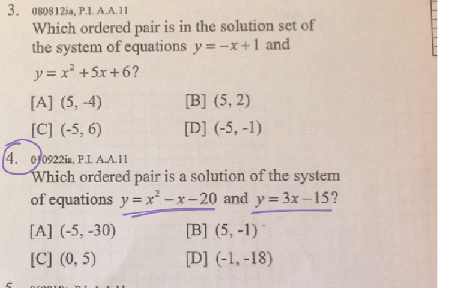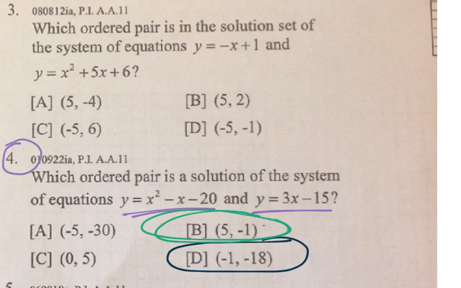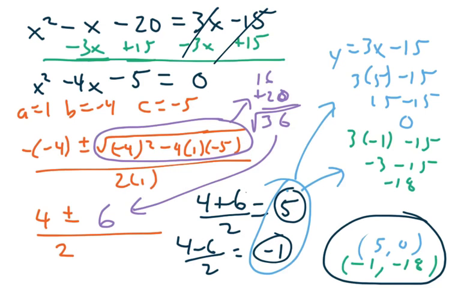If we go back to our original problem, notice negative 1, negative 18 is right there, correct? And notice right here, guys, follow the green, see how they try to trick you. They flip the 5 and the 0 and they mix in the negative 1 in there. So don't fall for those distractors. Okay, guys? Be careful about that. But anyways, so the answer for number 4 was D. Correct? Negative 1, negative 18.